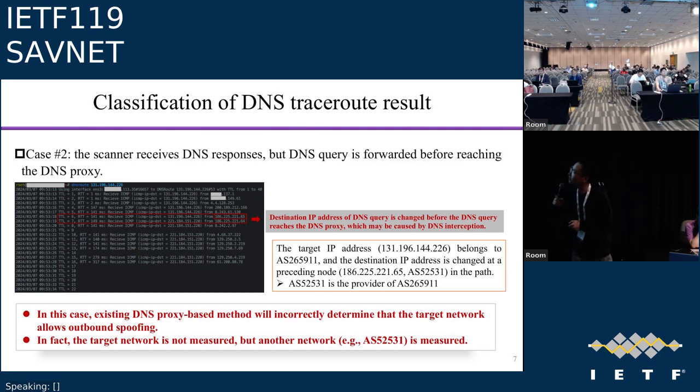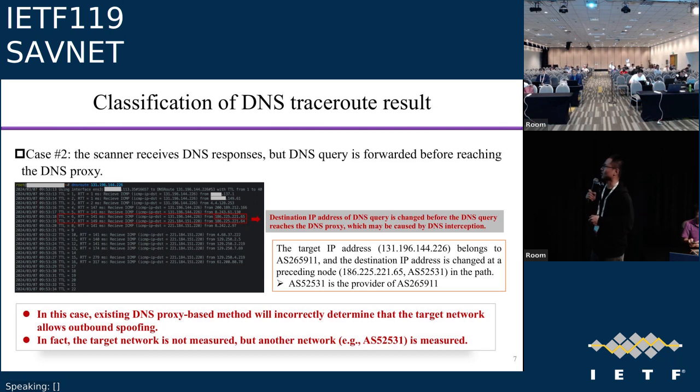We can see that at the 6th hop, the destination IP address is changed. However, we did not find the DNS proxy's IP address appear. So the destination IP address is changed before reaching the DNS proxy, and finally, the modified packet is forwarded to the DNS resolver.